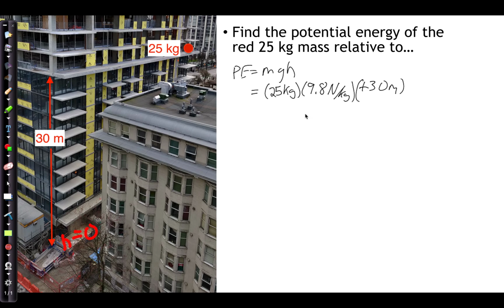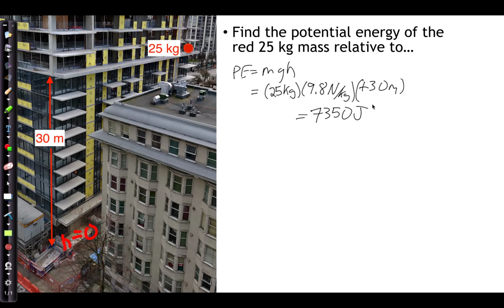And so that is then equal to 7,350. Okay, so got that? That's good.